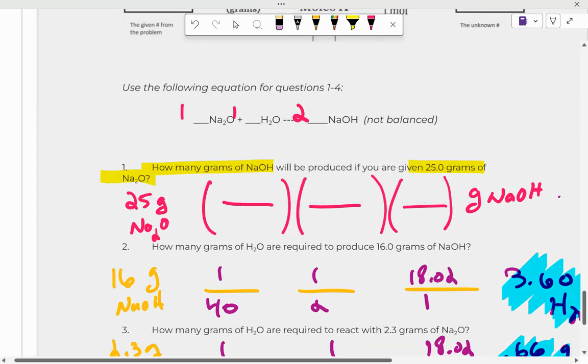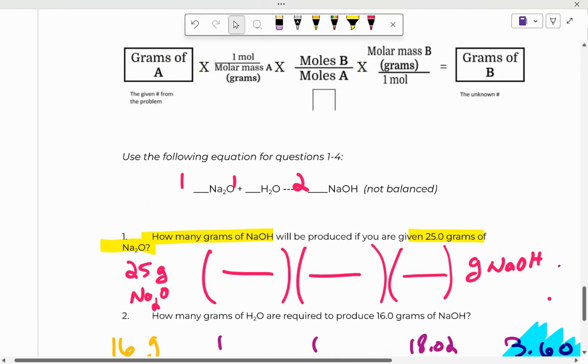Good? Okay, first bracket. What's the first bracket? It's going to be, let's look at our map. What's the map say? 1 mole over Na2O. So it's going to be 2 sodiums.